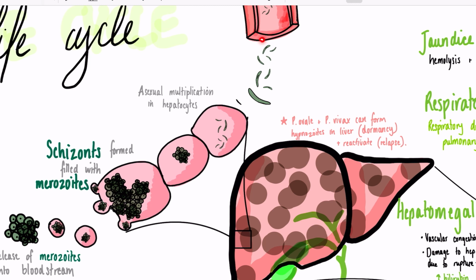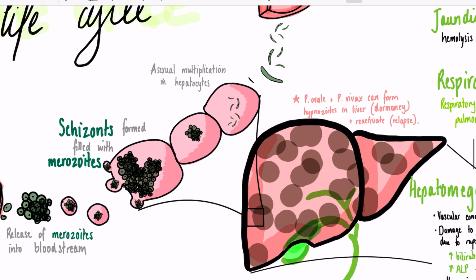Once they get to the liver, they enter our hepatocytes, or our liver cells, where they undergo asexual multiplication to form what's called schizonts, which are filled with merozoites. So they're having a merry time in the liver.